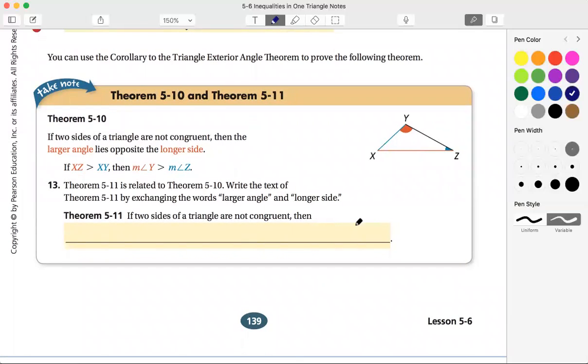If two sides of a triangle are not congruent, then the longer side lies opposite the larger angle.